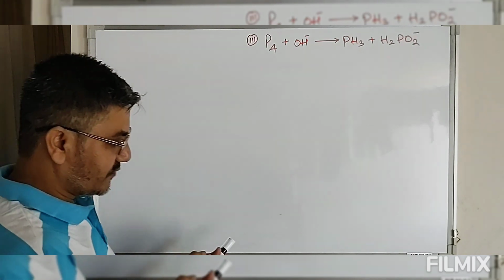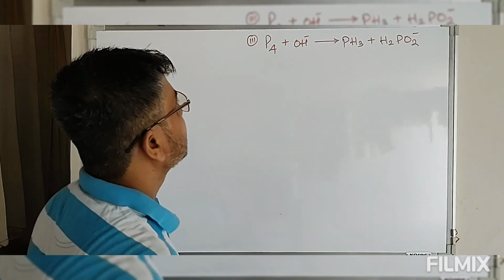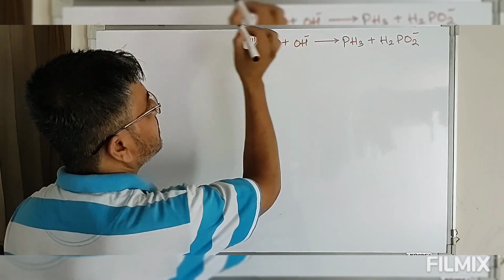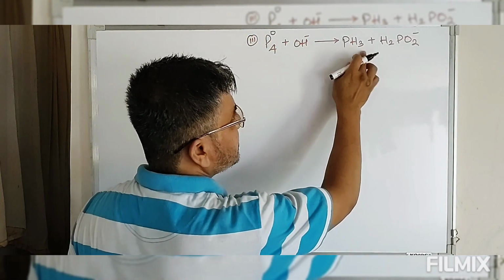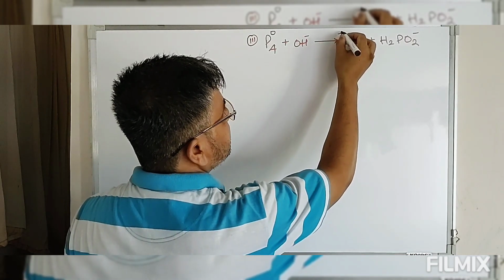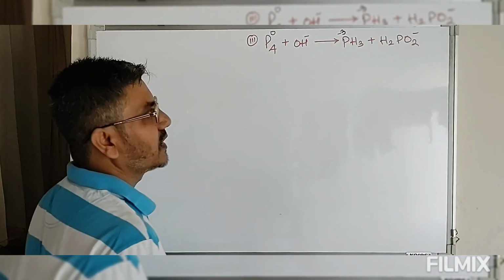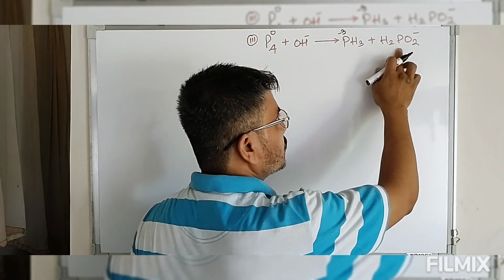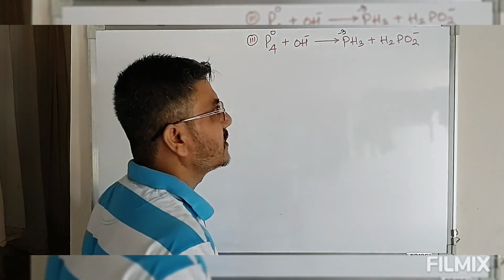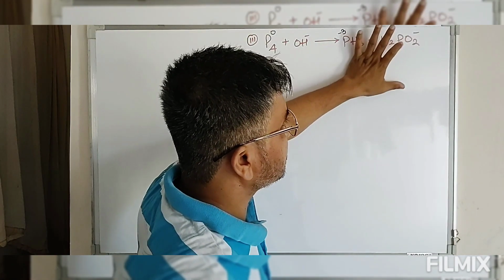So as usual, we have to find the oxidation state. This is elemental state, so we have 0. Phosphorus and hydrogen: phosphorus is more electronegative than hydrogen, so phosphorus is -3. In H2PO2, the charge on it is -1. So we have to find the oxidation state of phosphorus.